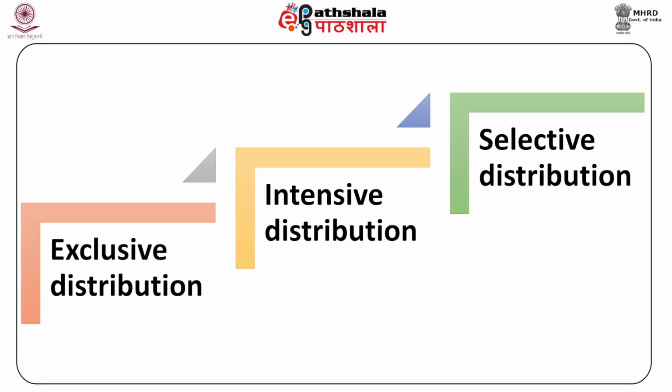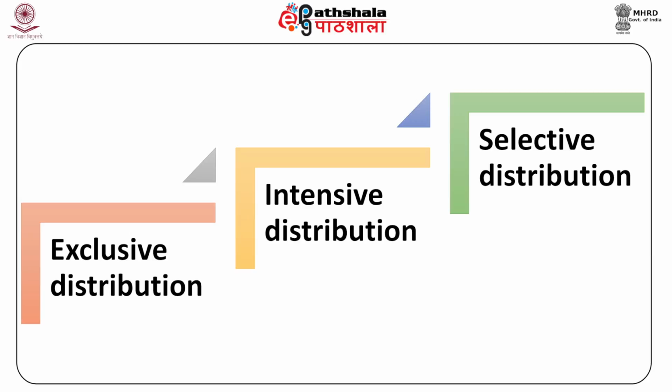Automobile companies probably provide the best examples of exclusive distribution in domestic markets. However, McDonald's chain of fast food restaurants are also set up on the basis of exclusive distribution.